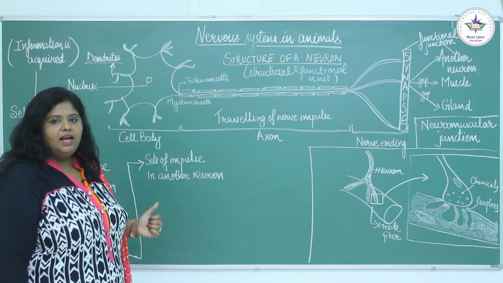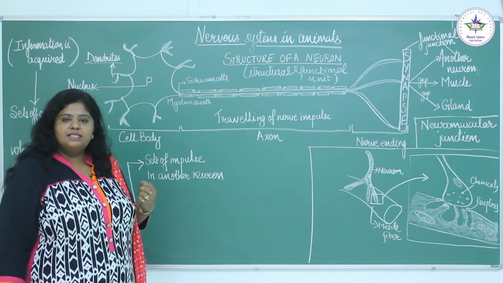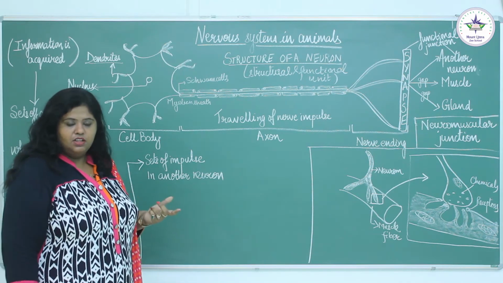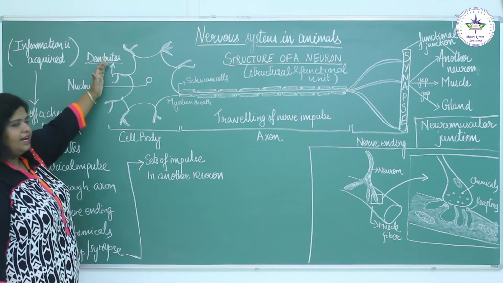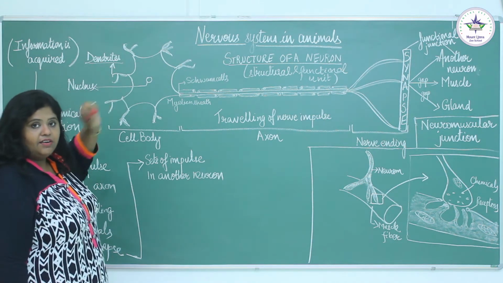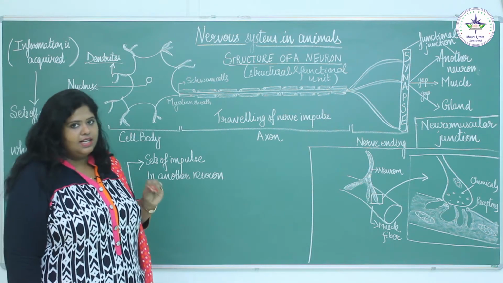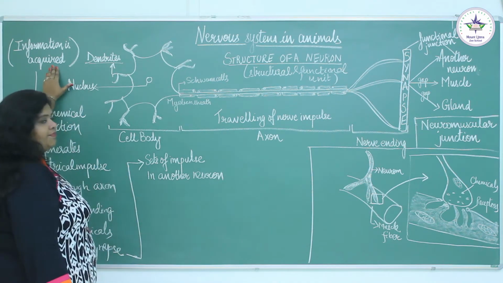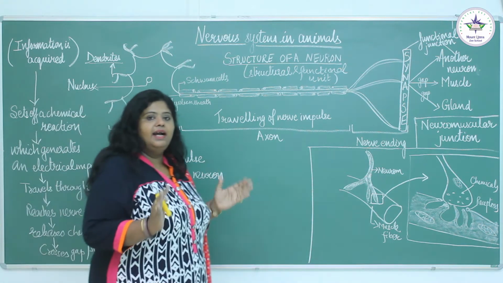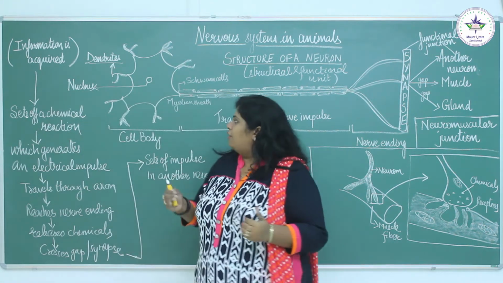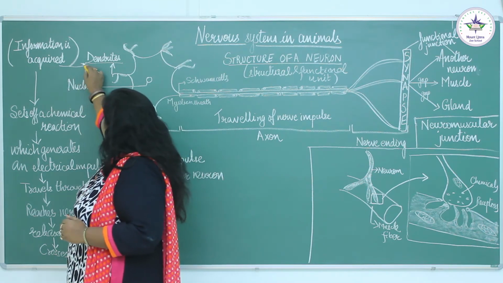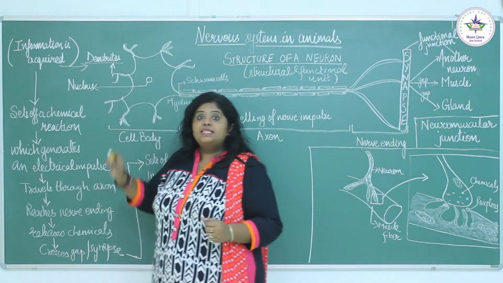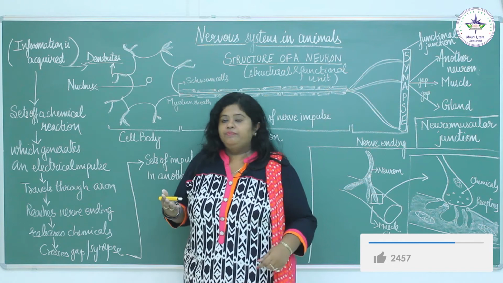So what actually happens when messages are passed through your nerve fibers? Messages are received at the dendrites. Dendrites are the extension of your cell body. So what I have written here: the information is acquired at the dendritic tip of your neuron. Once information is acquired at the dendrite, it sets off a chemical reaction.